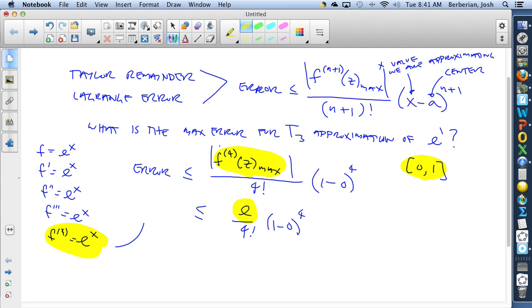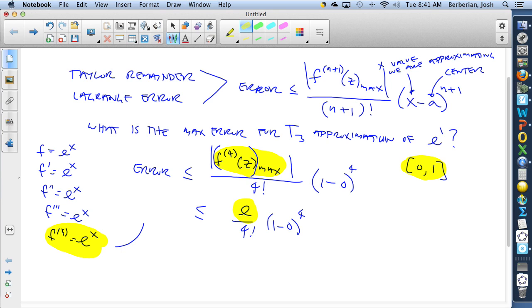Let me write this. What I'm trying to say is the maximum value that the fourth derivative takes on some interval, and the z represents it. The derivative has to take on a maximum value somewhere. What is that z value, and what y value does it produce?